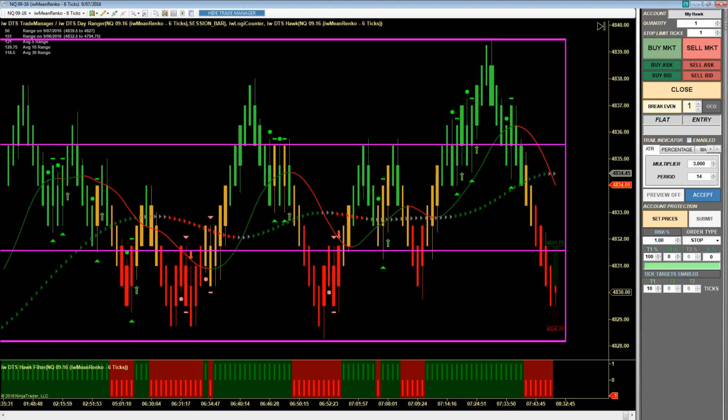Now, if you do this, you should only do it on a scalp. So let me demonstrate this for you. Let's say we're going to try to buy here on the low, and I'll show you the fixed tick strategy. Here we go. We'll run a 20 tick stop off of the last low.